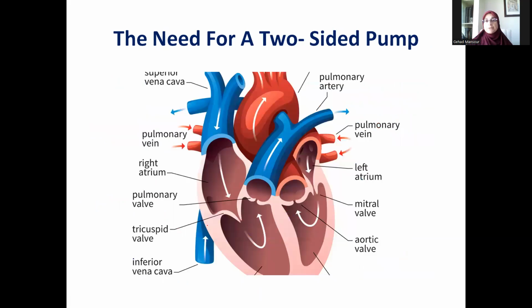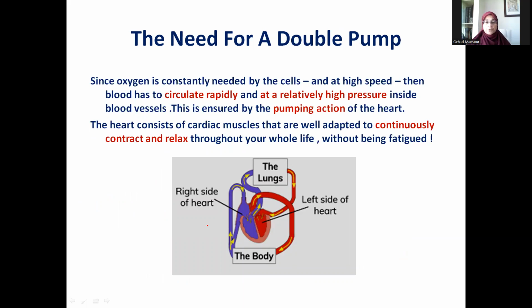Of course, as we said before, in order for you to achieve all this, you should have a pump that generates relatively high pressure in order to allow this blood to be transported in the blood vessels. Not only this, but in order to allow that blood to circulate at a speed that is appropriate to the needs of the body for oxygen.